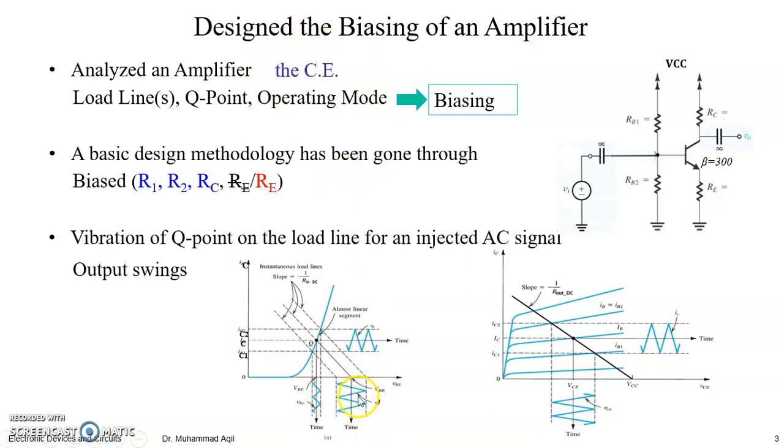Part of this becomes the VBE. The Q point will fluctuate at the input load line, provide a fluctuation in the collector current, and that fluctuation in collector current will provide a fluctuation in the collector to emitter voltage, which is nothing but our output signal.